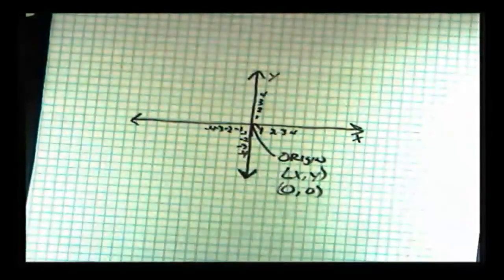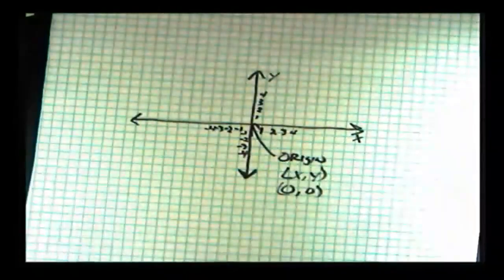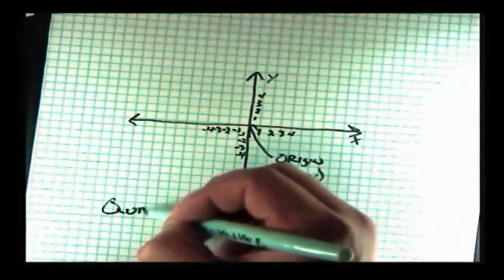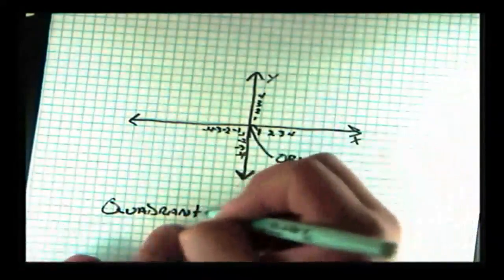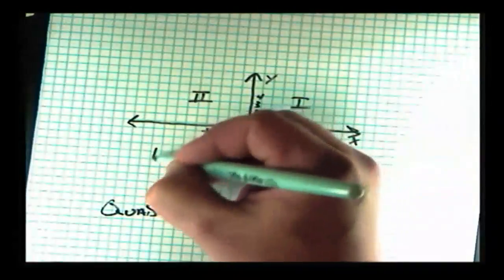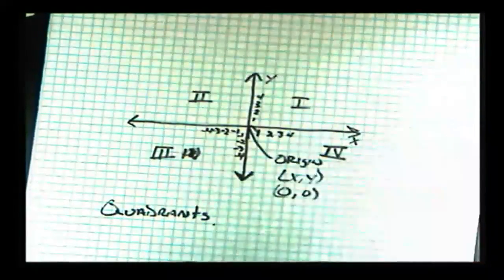There are other things that you should know that I've run across on the ACT test. You should know how this is broken down into different quadrants. Quad means 4, and as you can see here we have 1, 2, 3, and of course this is quadrant 4 over here.